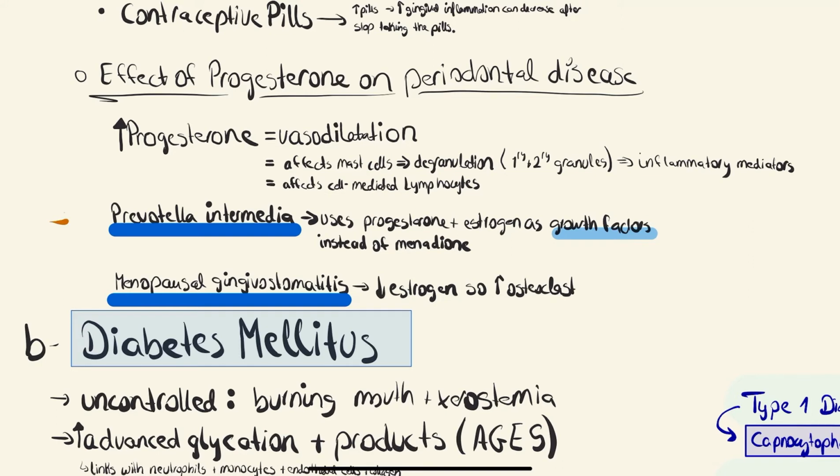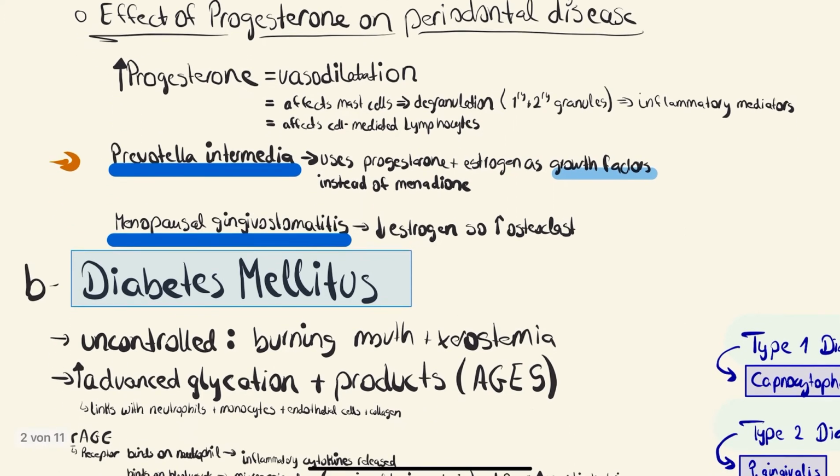Now regarding Prevotella intermedia, it actually uses progesterone and estrogen as growth factors, like in pregnancy, instead of menadione, which is what it normally uses. Now we have menopausal gingival stomatitis.